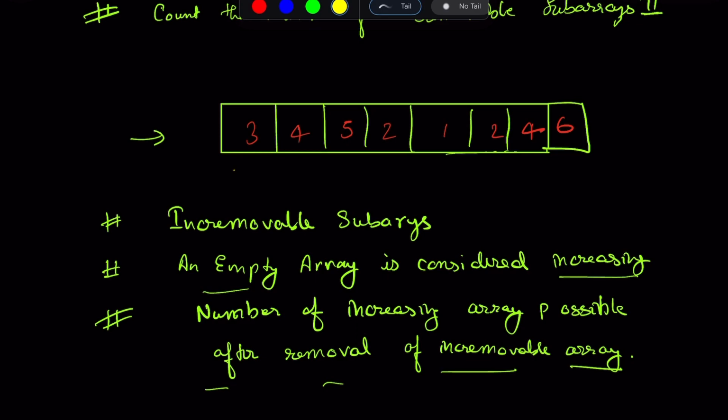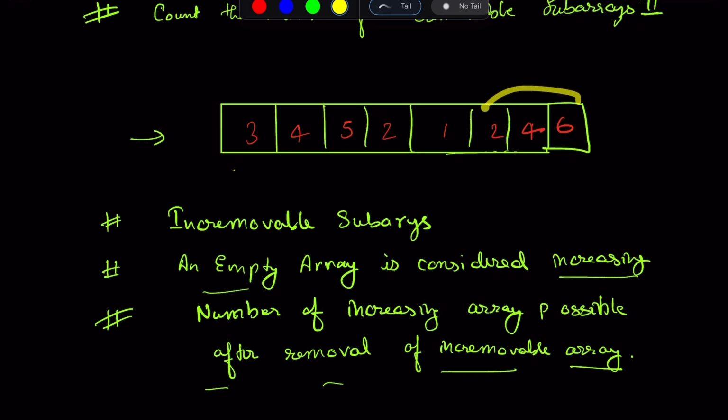Similarly, if we try to remove from the left, we will find the rightmost index from which it is strictly increasing, which is this one. Let's call this R. And how do you calculate the number of such subarrays possible?